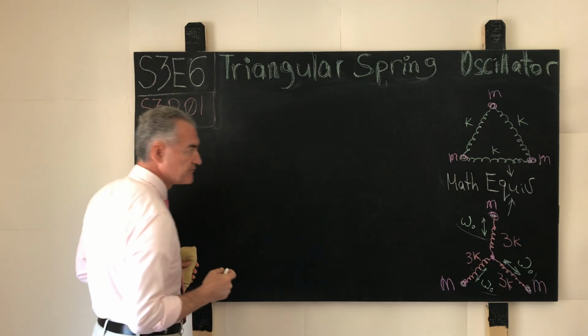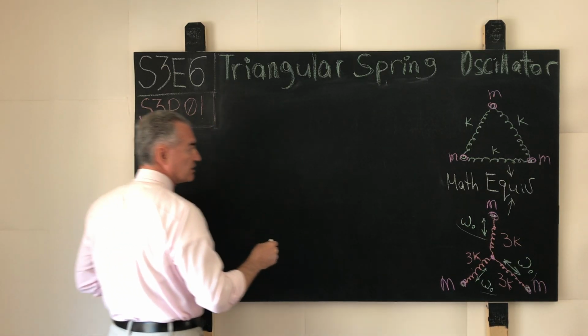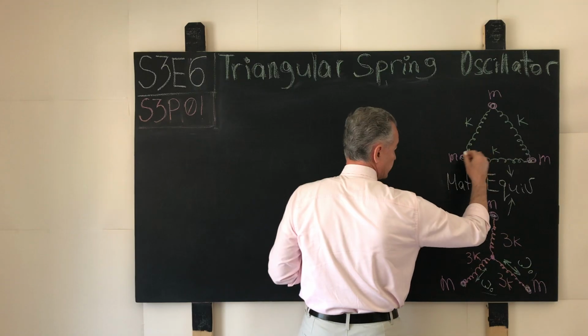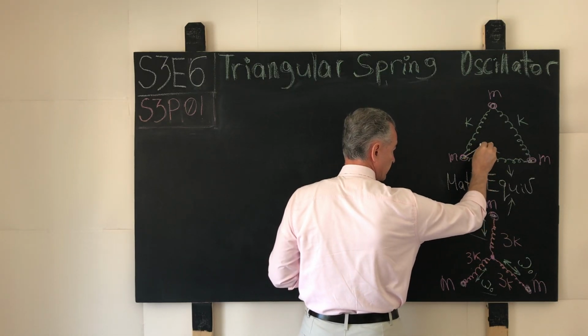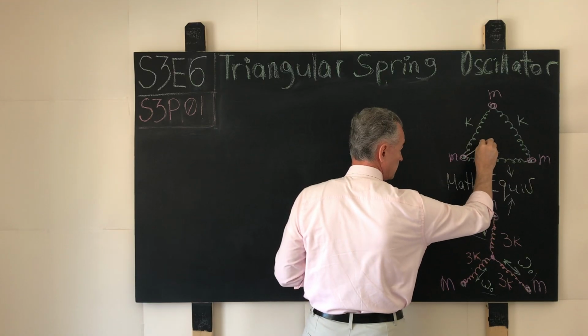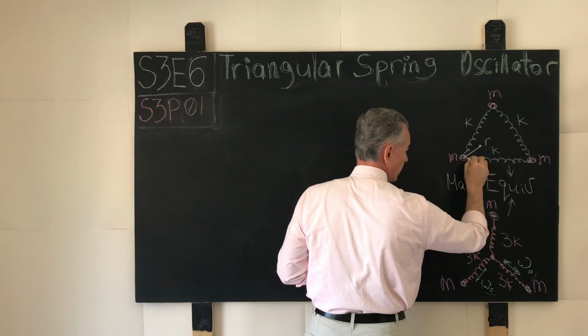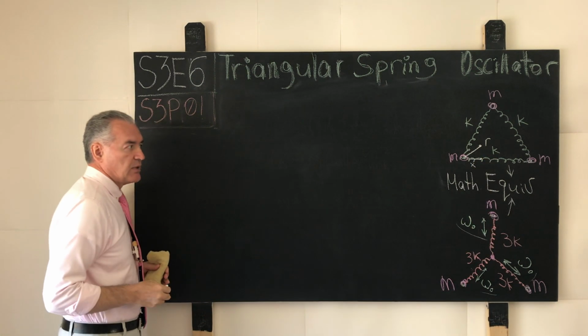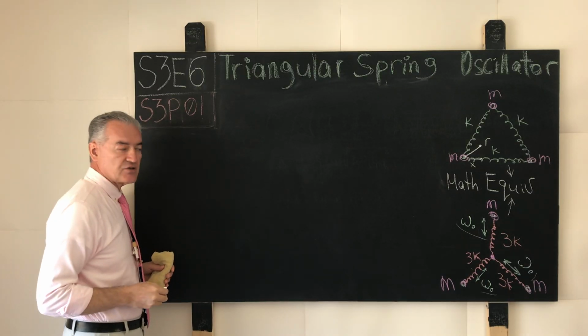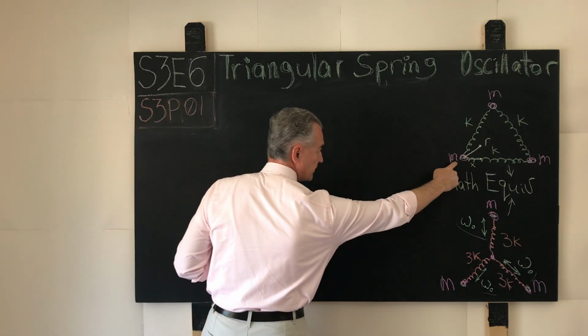So in this case, let's designate with r this distance, and this will be our distance x. What can we say about the kinetic energy of one oscillating point?